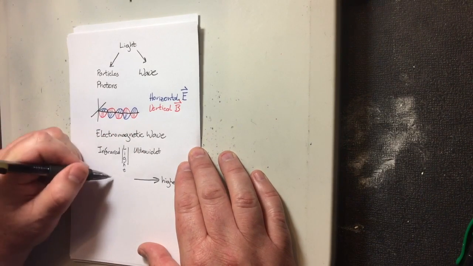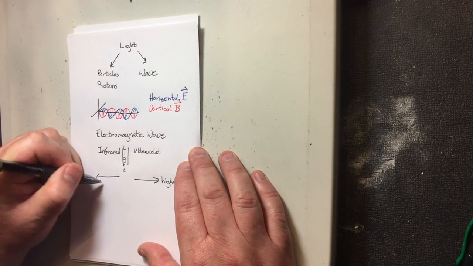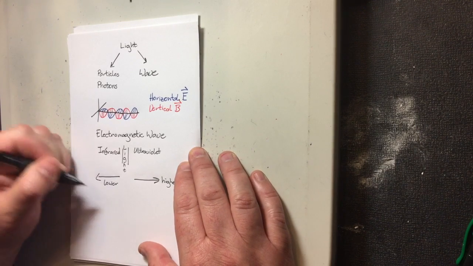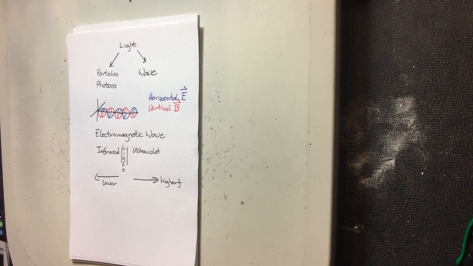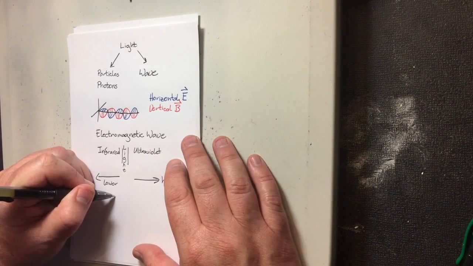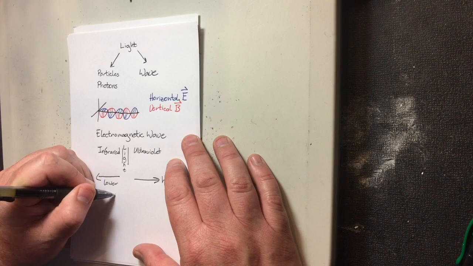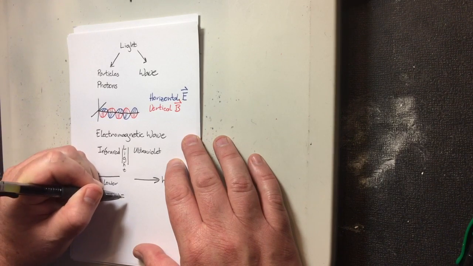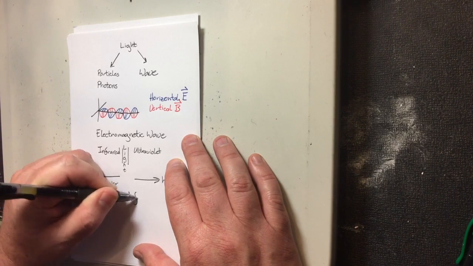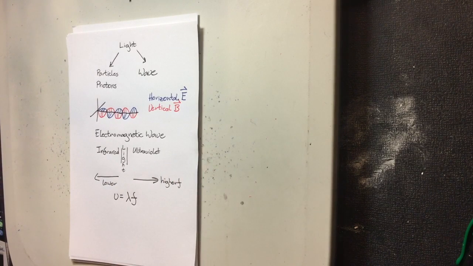One side has higher frequency and the other side has lower frequency. And there are all other types of light, like radio waves, all sorts of things, where it all follows this behavior, that the velocity of the wave is equal to the wavelength times the frequency.